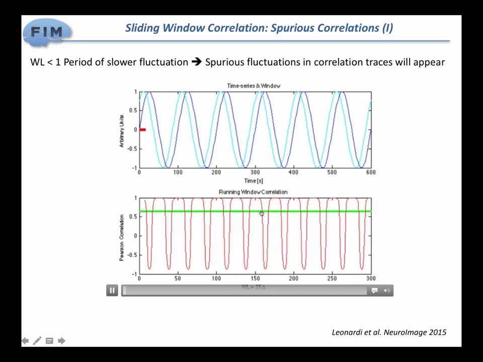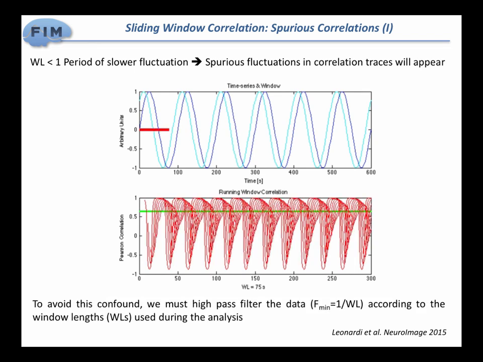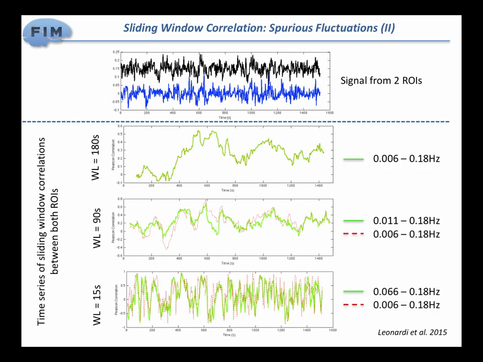So one important thing to do with my data to avoid this confound is to always make sure that prior to doing the sliding window analysis, I apply a high-pass filter, so everything that is too slow to fit in the window gets removed. That will help with some of the confounds to a given extent. Here we have examples of how, using the same data, for 3 different window lengths.